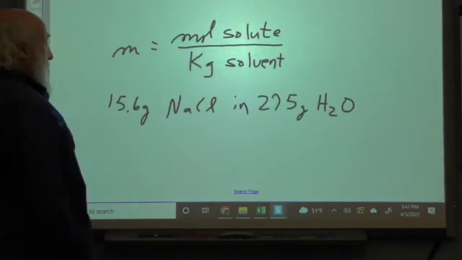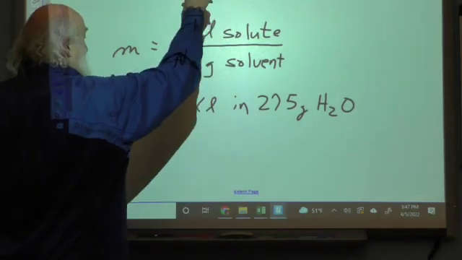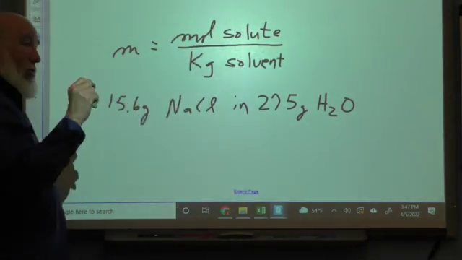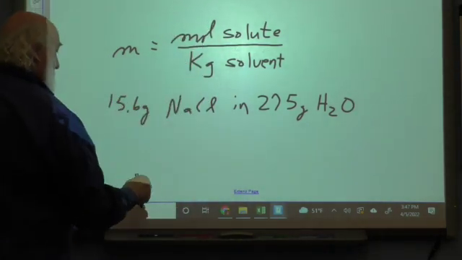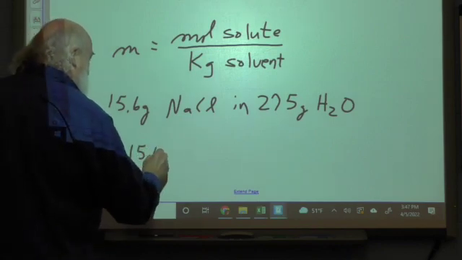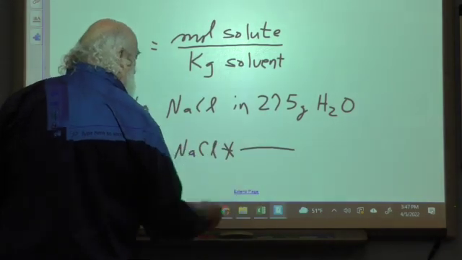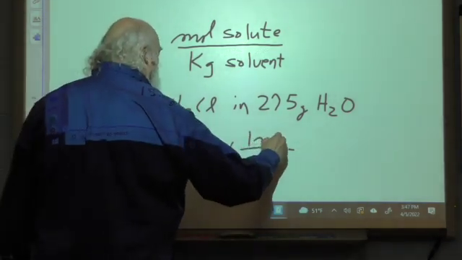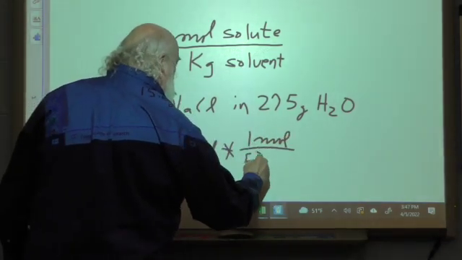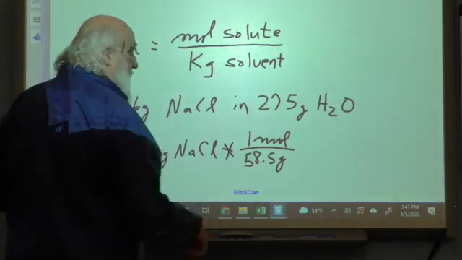Now, I need to figure out my moles of solute. The solute being dissolved is the sodium chloride here. So we'll take 15.6 grams of NaCl times 1 mole over 58.5 grams. Now why 58.5 grams?